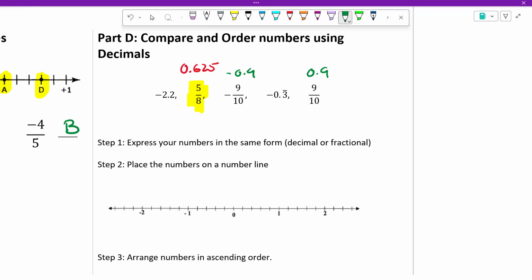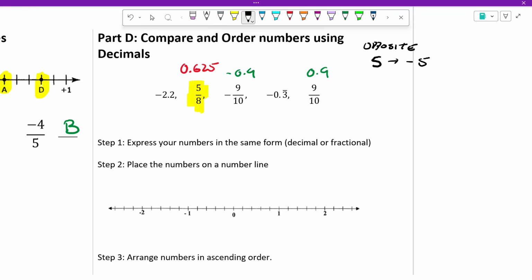Now, there is one question on your assignment today. It's going to mention the word opposite. That's the only time it's going to show up in this chapter, but it shows up again later on this year. The word opposite in math means opposite numbers. If I give you the number 5, the opposite of 5 would be -5.